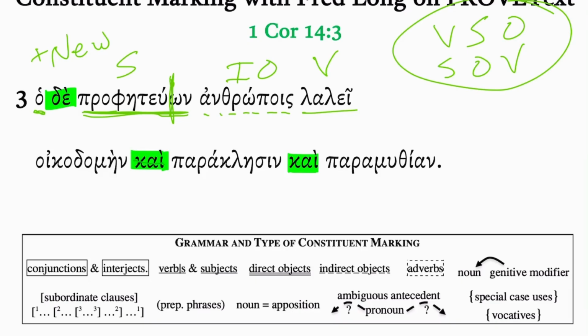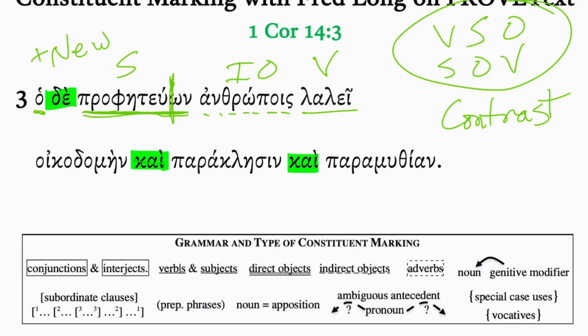The change in word order would suggest that we have a contrast going on between one speaking in a tongue or a language versus one prophesying. The one speaking in a tongue doesn't speak to people, whereas it says here in verse 3, the one prophesying speaks to people. And in what way does this person speak to people?